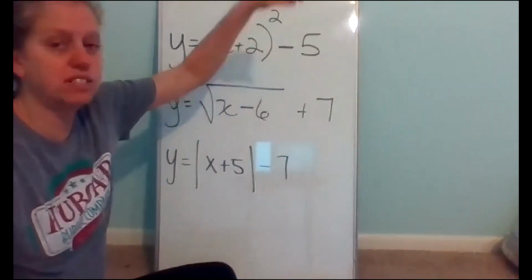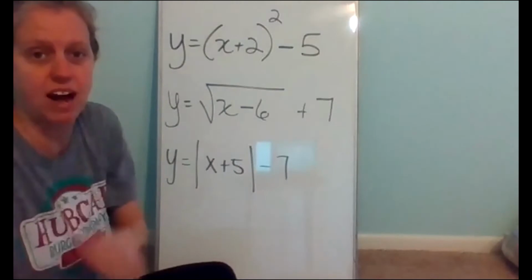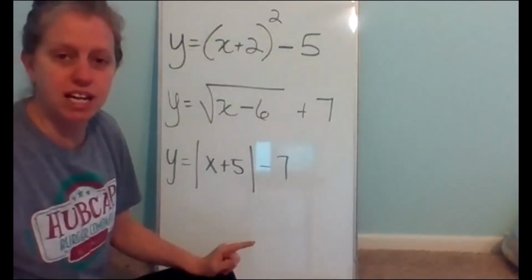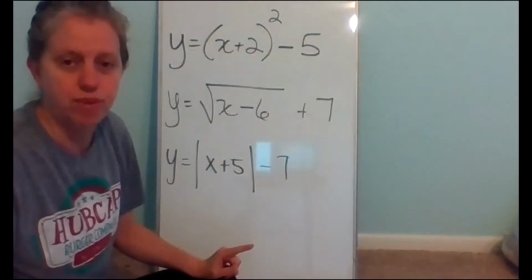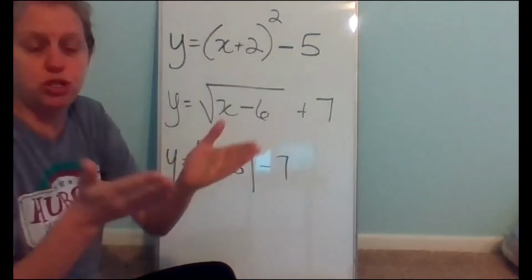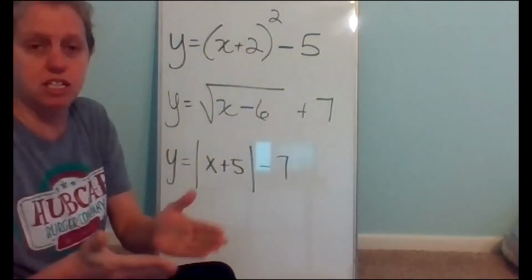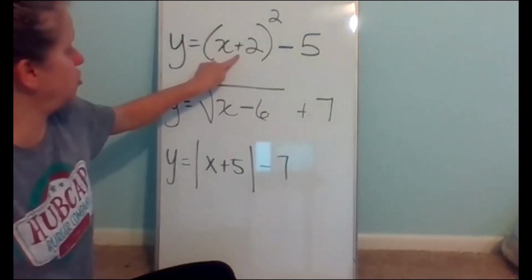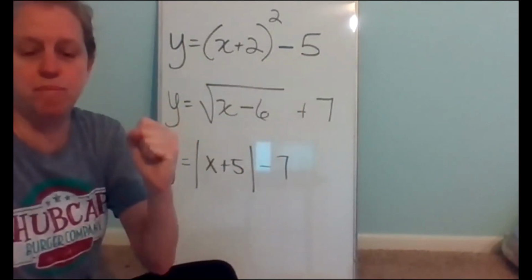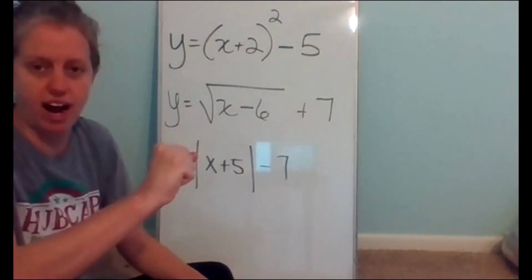So since that's a -5, you'd actually be going down 5. This squared, that's what gives it its shape, right? That's what's going to give the x its shape. So that's going to be a U-shaped graph. Since it's squared, shifted to the left 2 and down 5 from the middle of your graph.